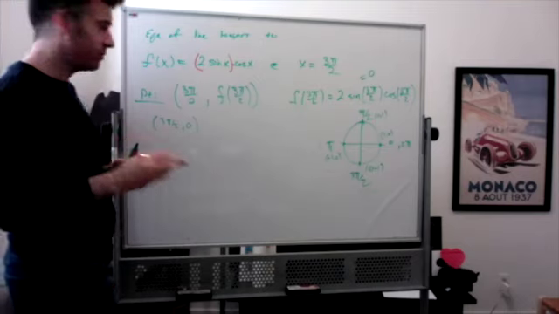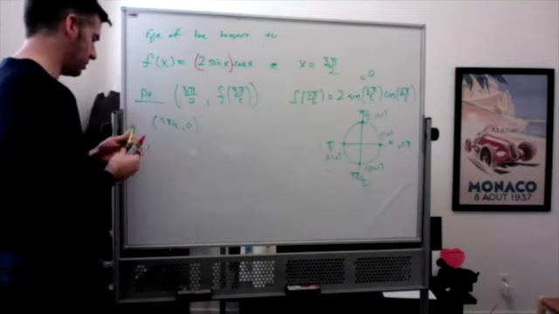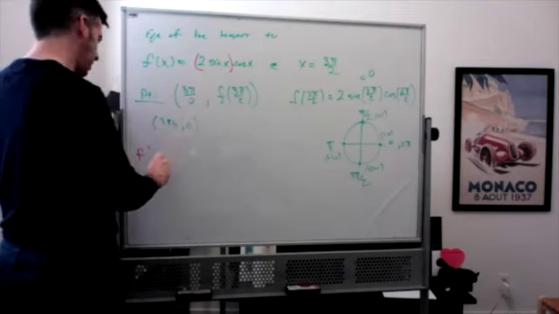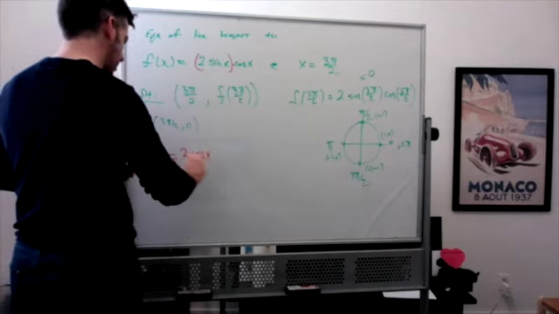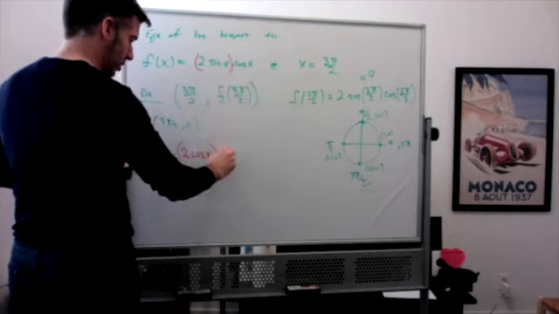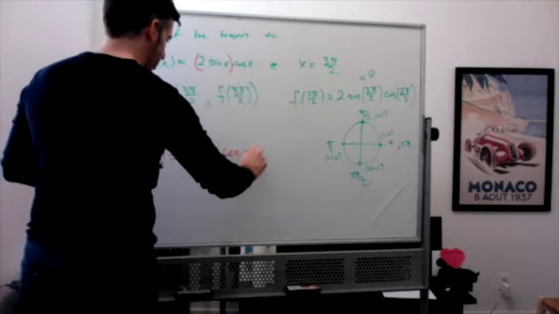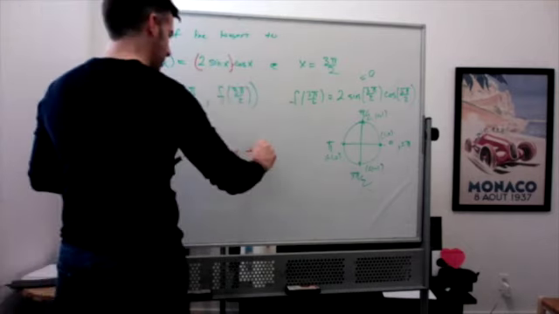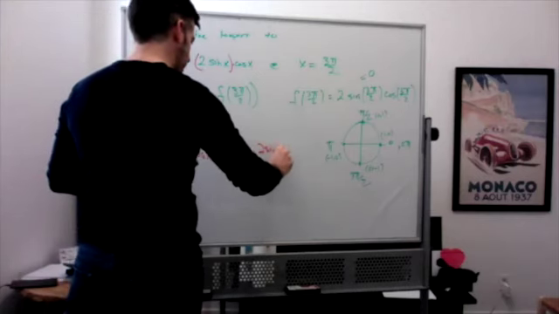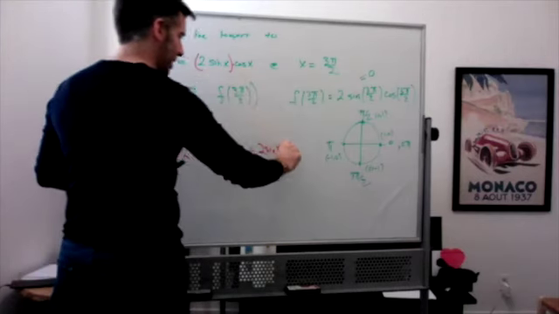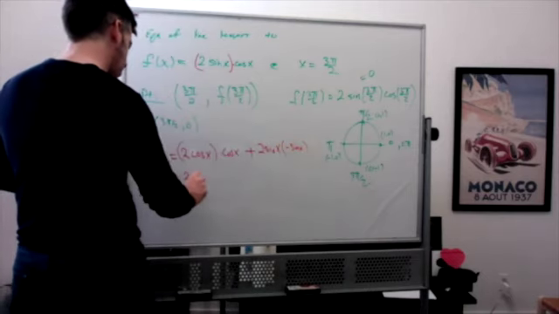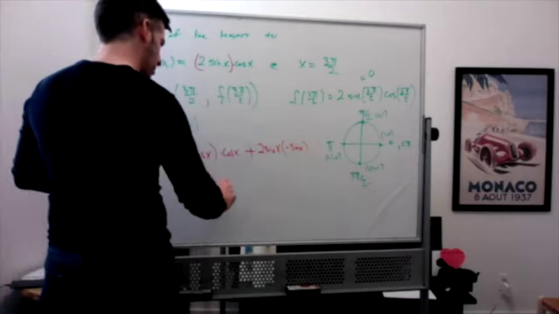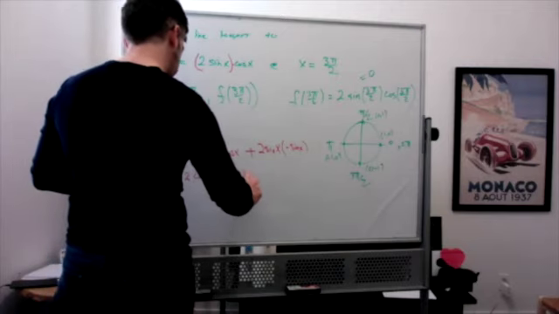The derivative of 2 sine x is 2 cosine x, times the other piece, cosine x, plus, now the first piece gets to chill out, 2 sine x times the derivative of cosine x, which is negative sine of x. So I end up with 2 cosine squared x minus 2 sine squared x.